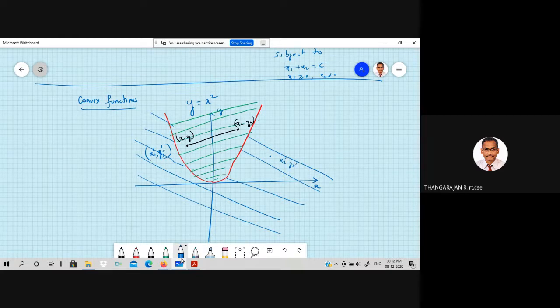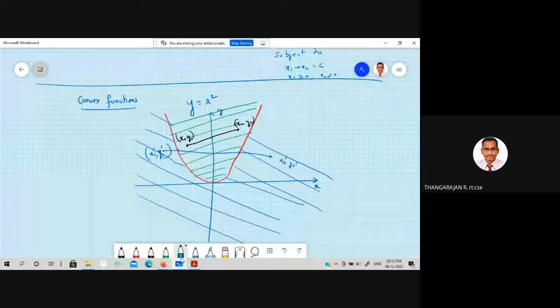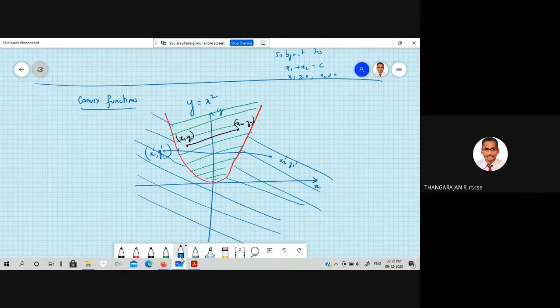Now you try to join them. In that case, you find that from this point to this point, the points on this line, they do not fall in this region. They fall in the other region, but they do not fall in this region. So therefore, the blue region, what I have put a blue stripe, is not a convex region; it is a concave region. Right. So this is what you have to remember.